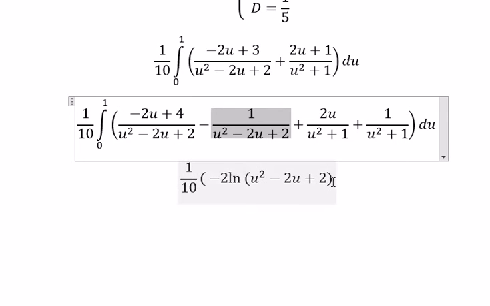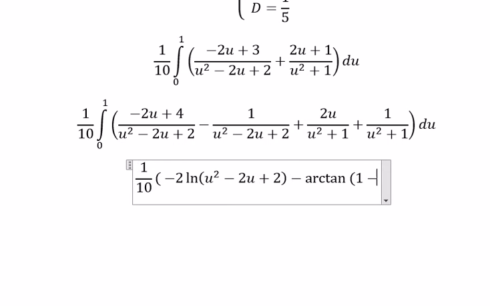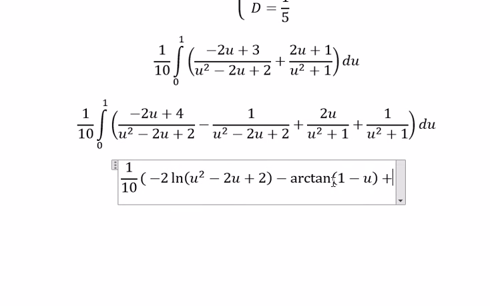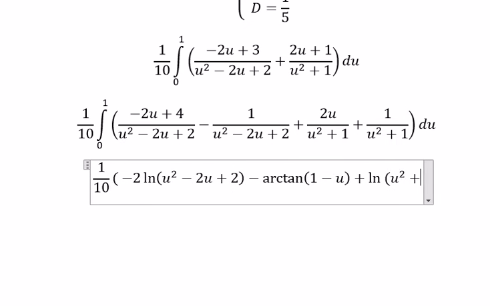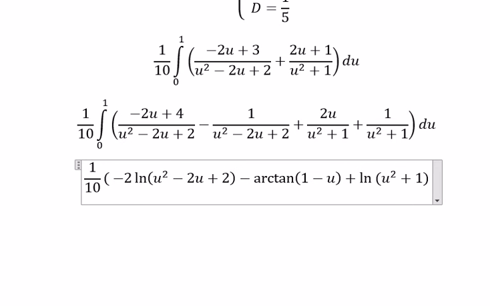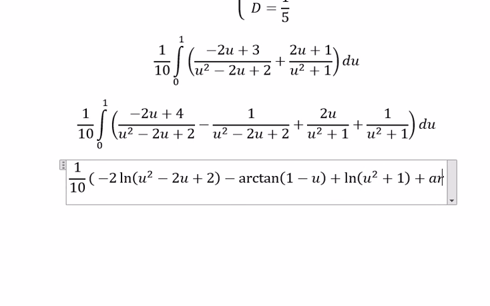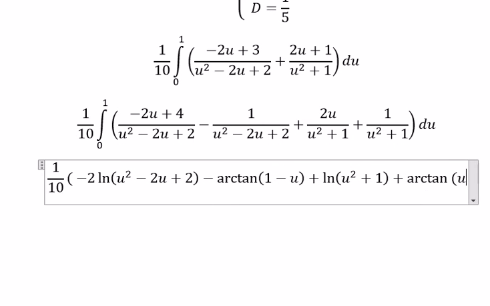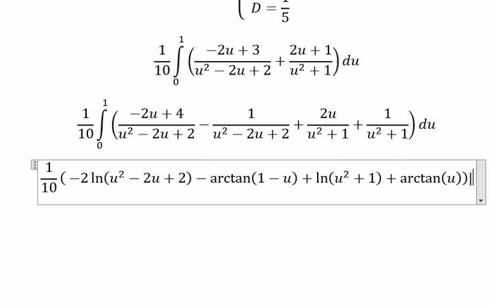This one we get negative arctan of 1 minus u. This one you get ln of u squared plus 1. And the last one you get arctan of u. We put the bounds in here.